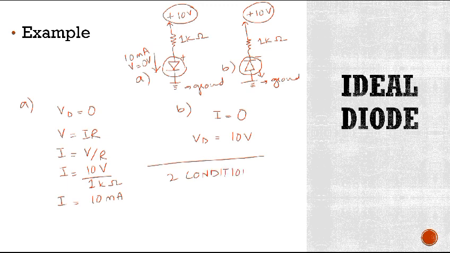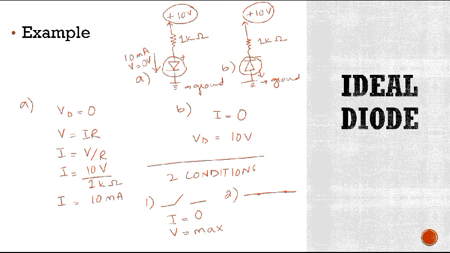It means there are two conditions. In first condition, the circuit is open. Now in this case, current is 0 and voltage is maximum. Whereas in second condition, the circuit is short.